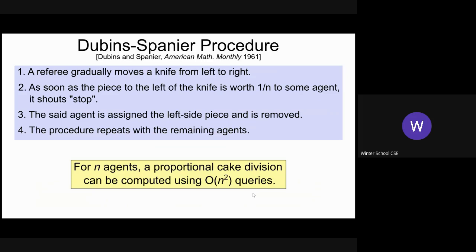The cut and choose protocol asks me to make a cut point at half according to my value. But if I know that the second agent's value is concentrated way to the right, I'm going to push that halfway mark. I know that the second agent is going to pick the right piece nevertheless, but I managed to salvage a value of more than half for myself. So people can certainly game these algorithms, and I can tell you more stories about it over coffee break.